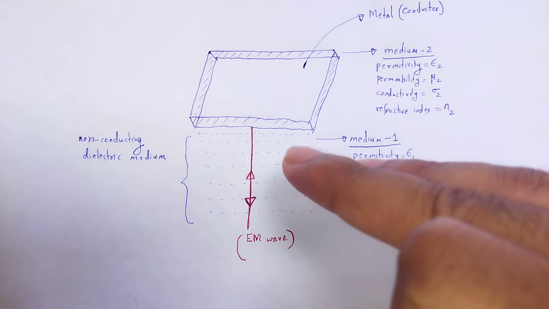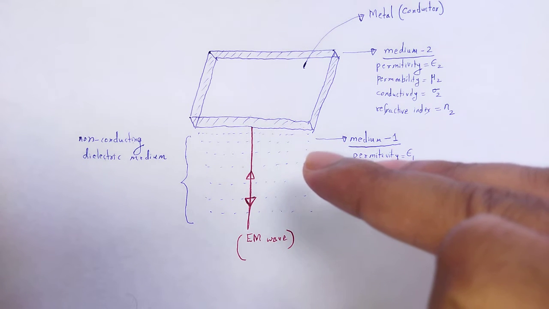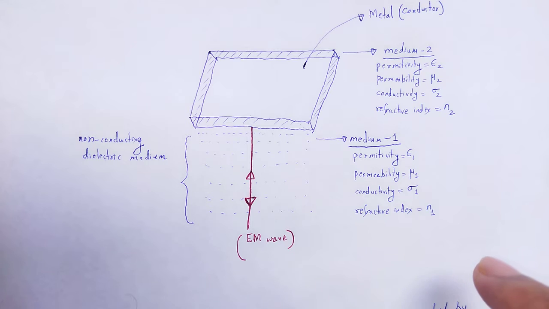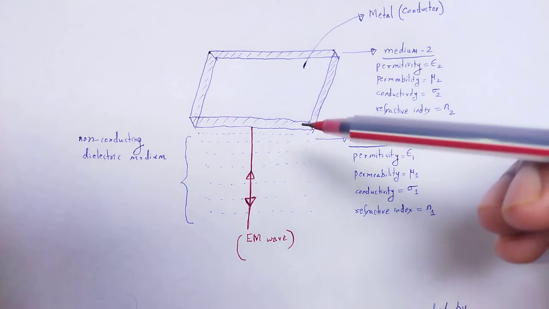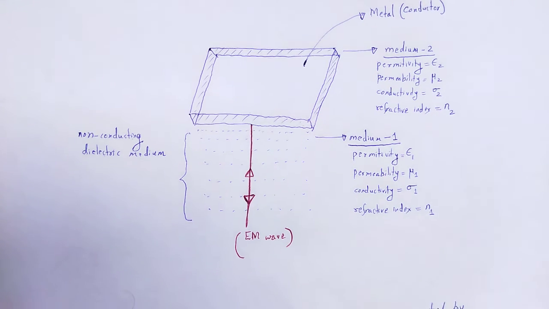Here we consider the E vector parallel to the plane of incidence. Anybody can take the E vector perpendicular to the plane of incidence, and the result will be the same. So here we take the E vector parallel to the plane of incidence, and the wave is incident on the metal normally.